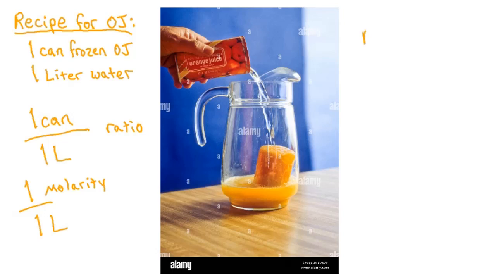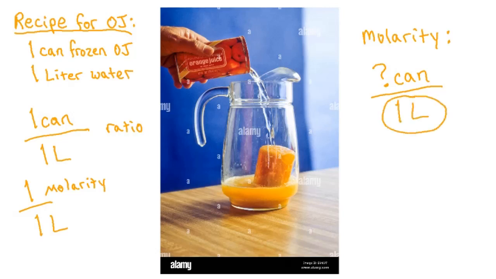Because molarity is however much of something you put into it, in this case, 1 can, out of 1 liter. This 1 liter never changes. It's always in 1 liter is what the molarity is.